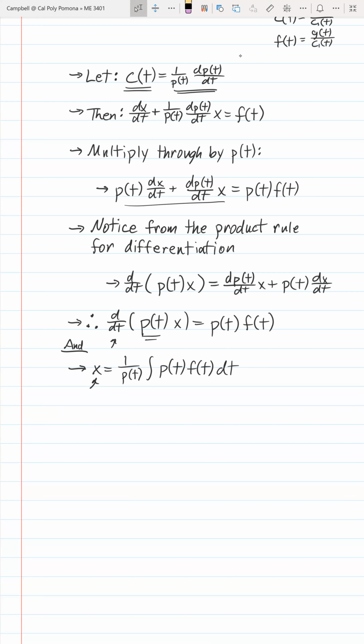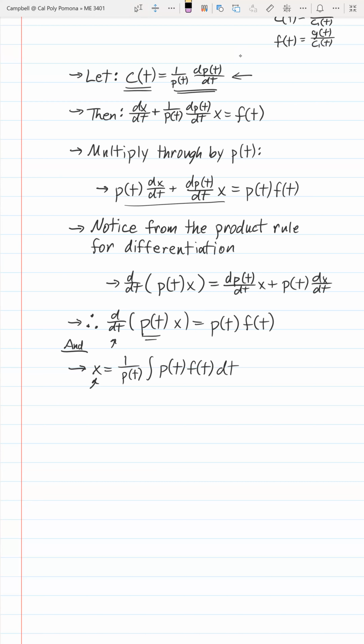So that's pretty darn cool. We made the substitution, and the solution half became incredibly simple. The one thing we assume, though, is that we know p of t. At this point, we don't know what p of t is, because remember, we're forcing c of t into this form that is related to p of t. But that's okay.